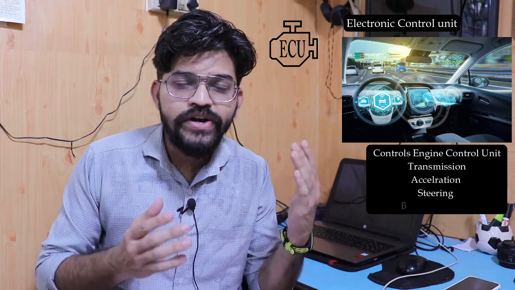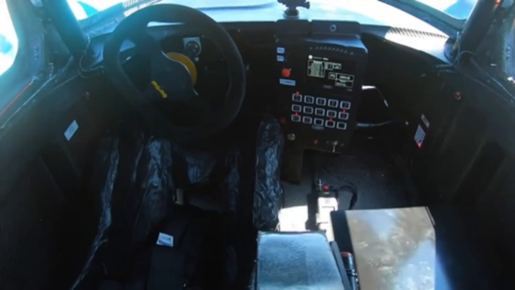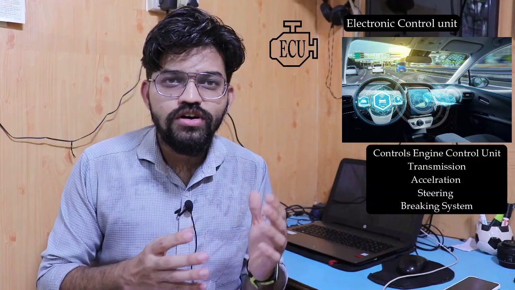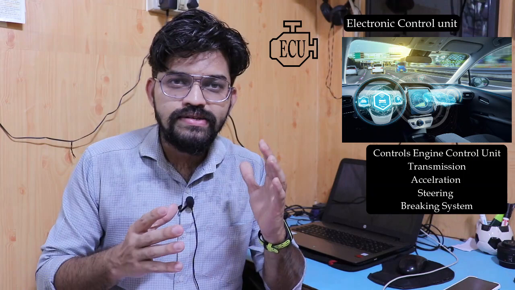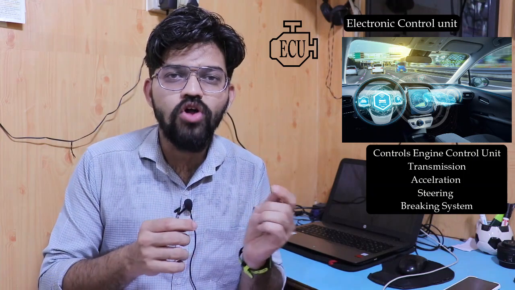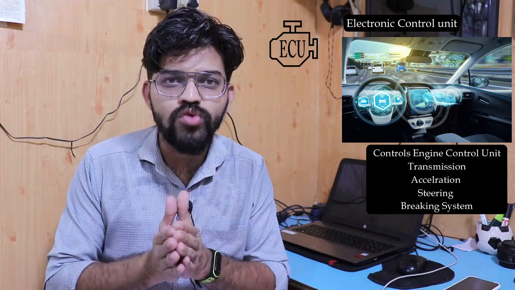So guys, the next and very important heart of this autonomous car is the electronic control unit, that is the ECU. This unit controls everything in an automobile. It controls the engine, the transmission and acceleration, the steering, and it controls everything basically. This control unit is embedded in all the electrical systems of that automobile.